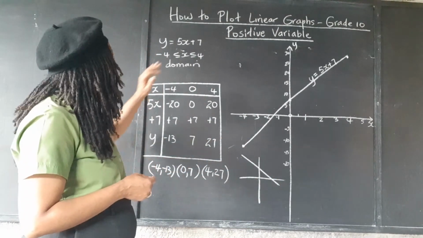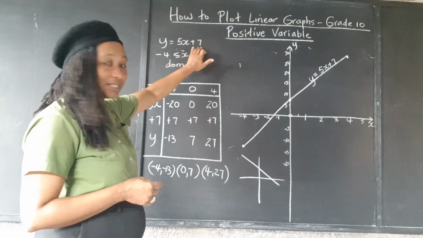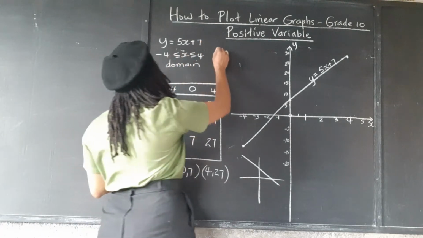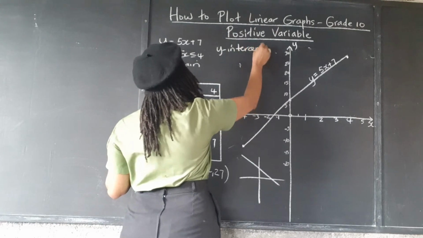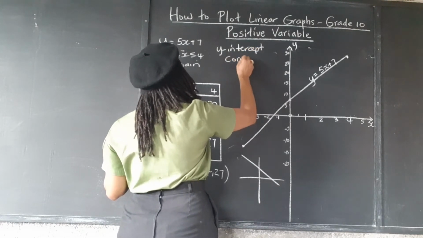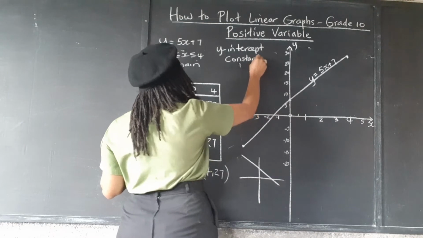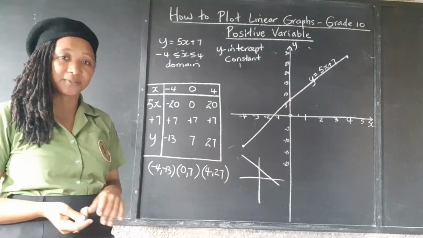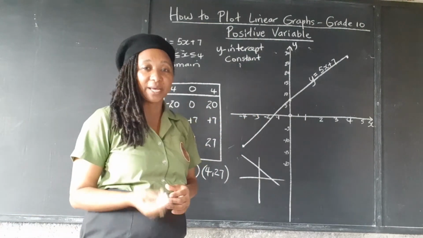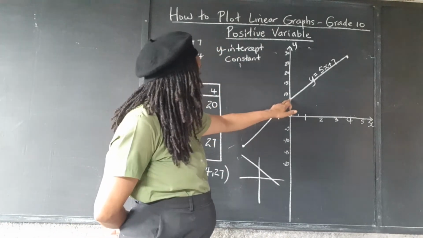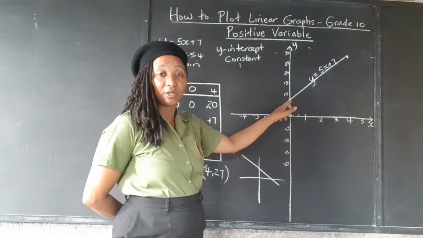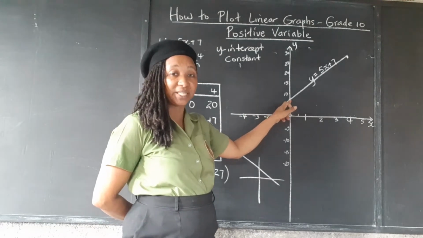Also, the number at the end is called your y-intercept. That constant term at the end tells you where the line will cut the y-axis. So 7 is at the end, see it cuts the y-axis at positive 7.